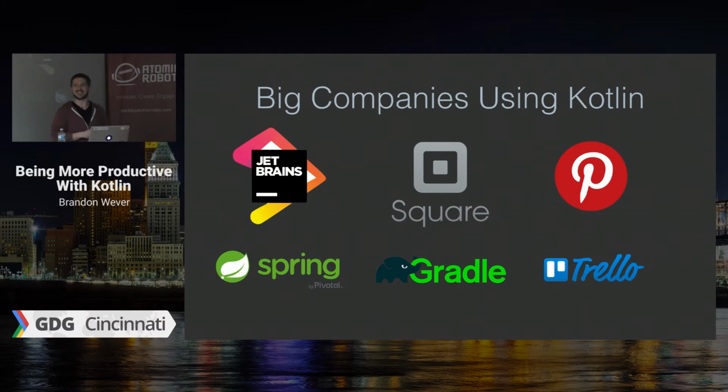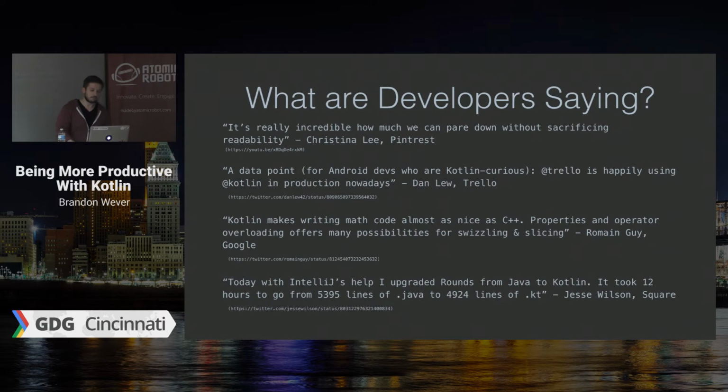I don't know if that's okay to say. Got Pinterest, Trello, Gradle, and Spring. And what's interesting about Gradle is they're actually looking to use Kotlin instead of Groovy for Gradle scripts. So not instead of, but in addition to, or whichever you prefer.